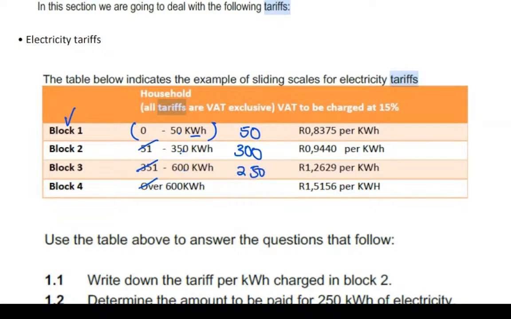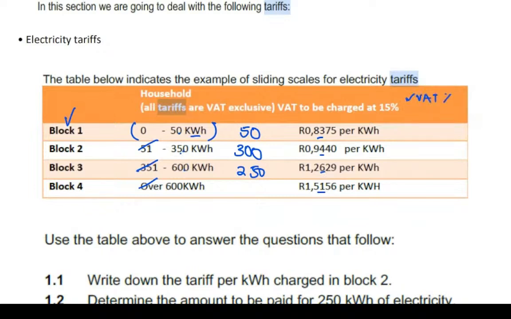Now, each unit that you've got costs this much. When you look at the table clearly, the more units you use, the more you pay. Take note, all tariffs are VAT exclusive, meaning all these costs do not include VAT. If you are to calculate the cost, you have to include VAT.